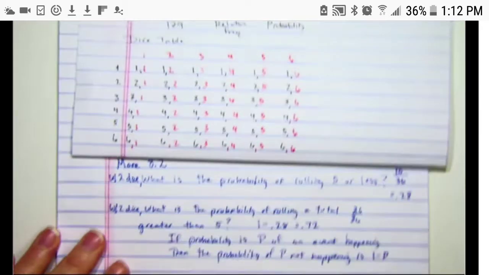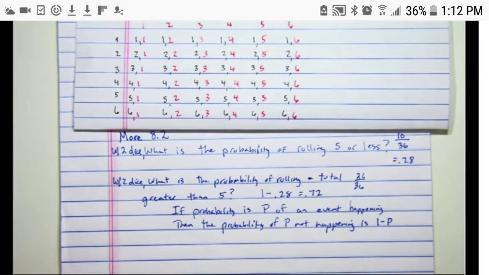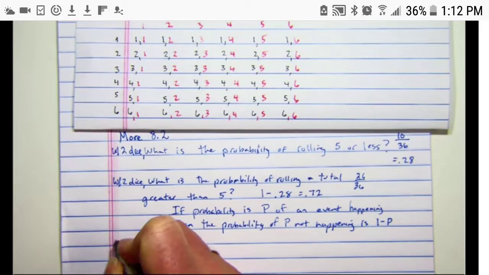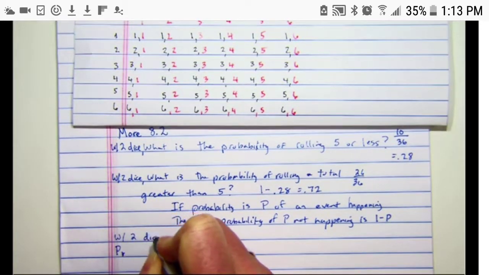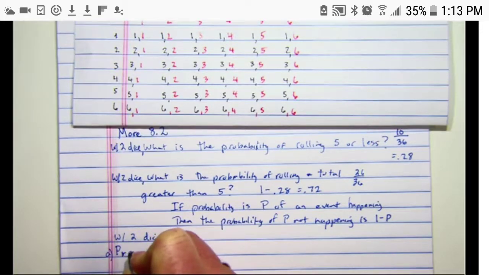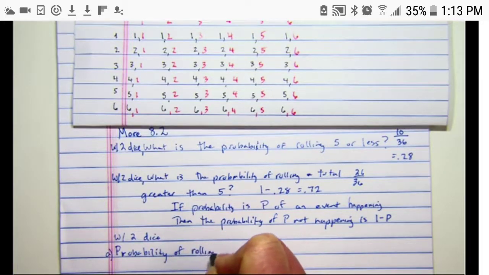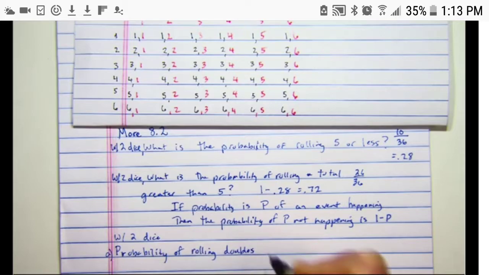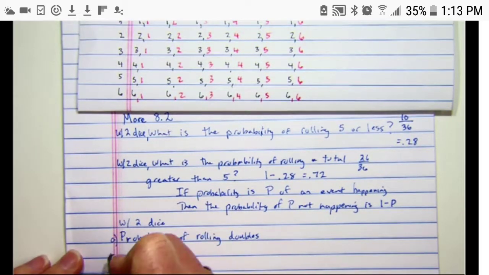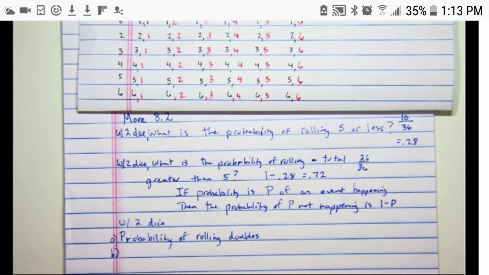Well, I'd like for you to try a few probabilities on your own. So let's write a few down for you to try and see if you're getting the hang of it. So again, with 2 dice, find the probability of rolling doubles. So doubles would be like 1 on each dice or 2 on both dice, so on. Okay, and then another one to try.